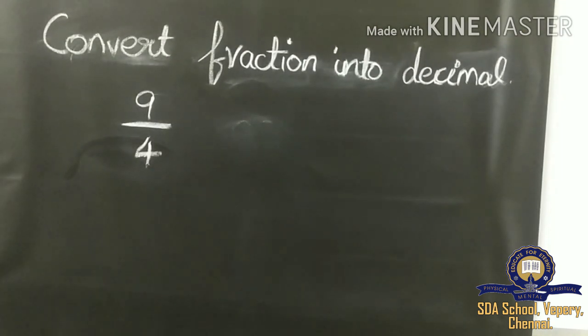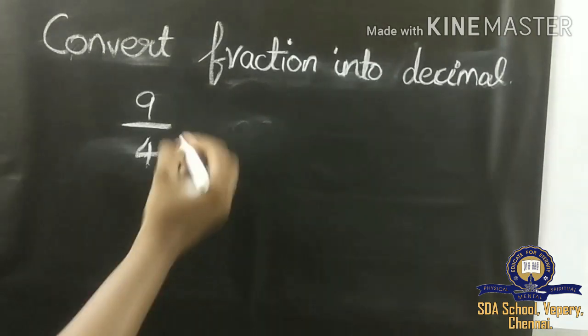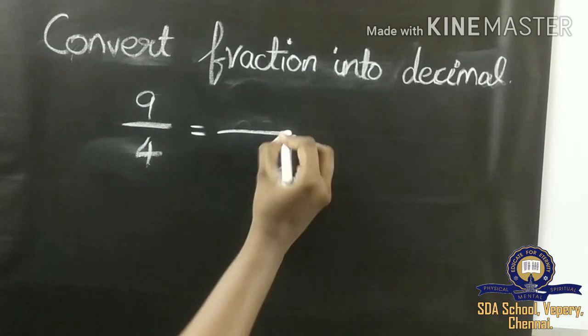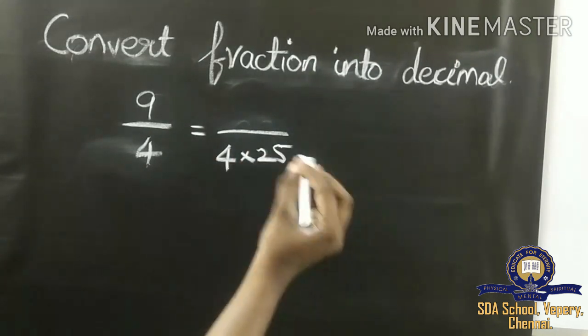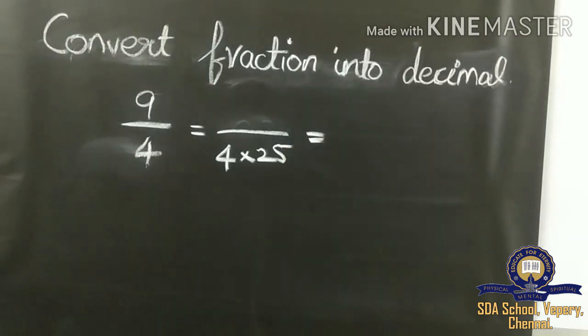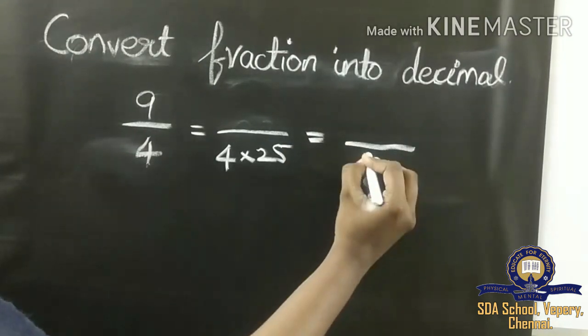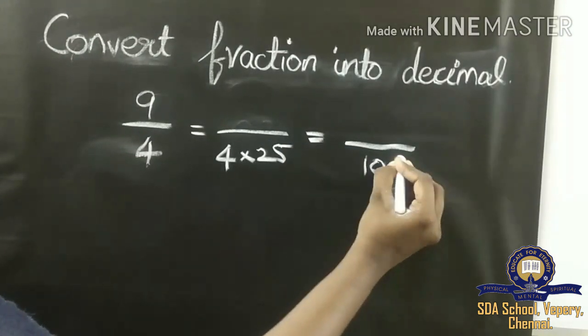If it is an improper fraction, we should convert this into a decimal fraction. If you multiply 4 into 25, what will be the answer? The answer will be 100, right? 4 into 25 will be 100.